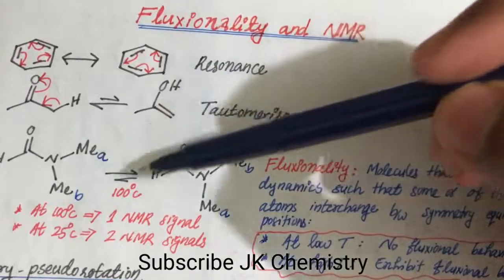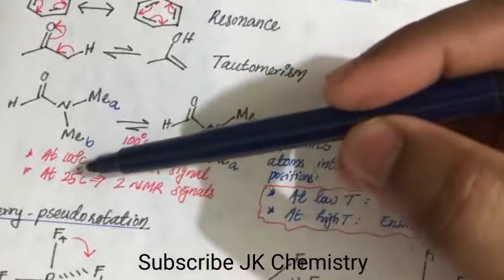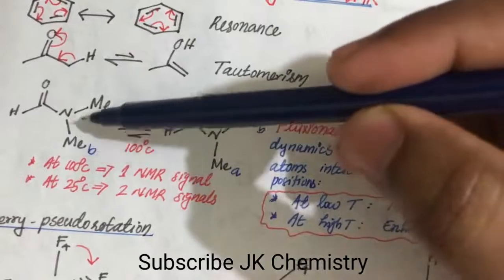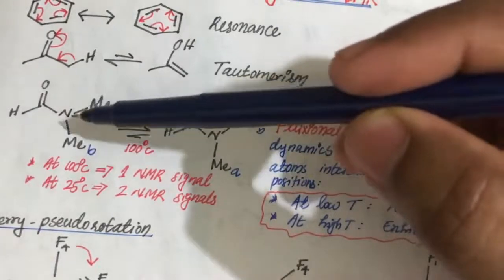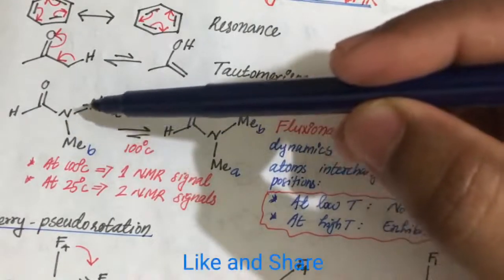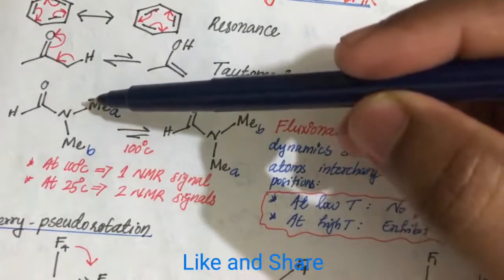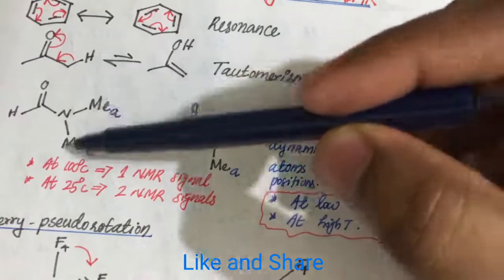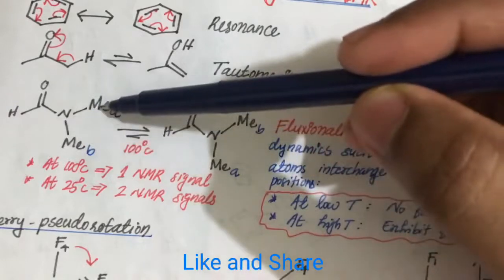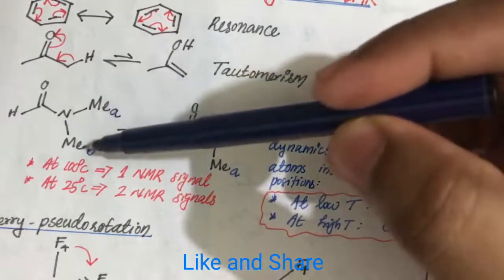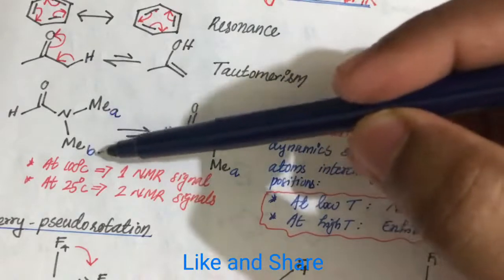Now we can see the next example. We know this is N,N-dimethylformamide, that is DMF. Here we can see two methyl groups on nitrogen. They are designated as MeA and MeB.